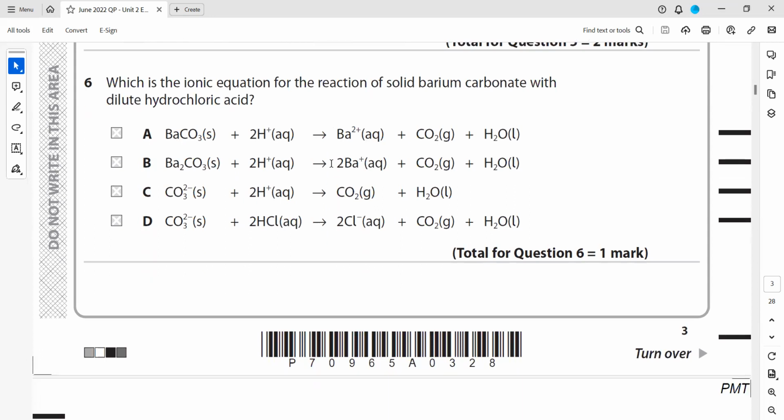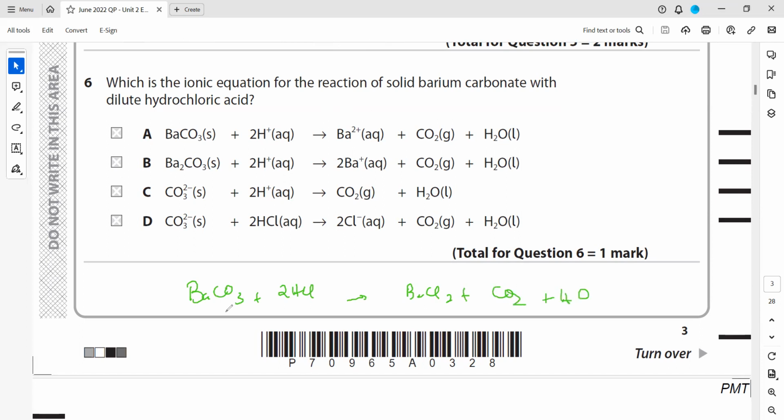What is the ionic equation for the reaction of solid barium carbonate with hydrochloric acid? Barium carbonate reacts with hydrochloric acid to form barium chloride, BaCl2, plus carbon dioxide plus water.